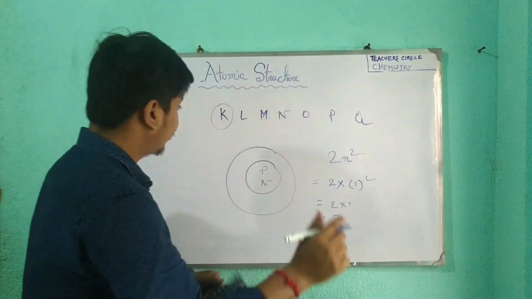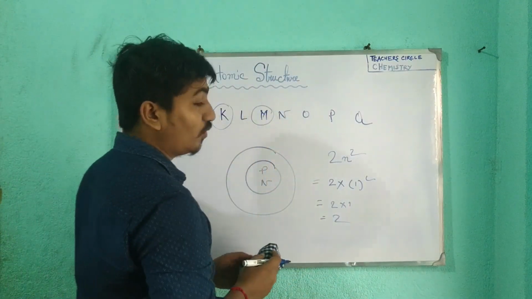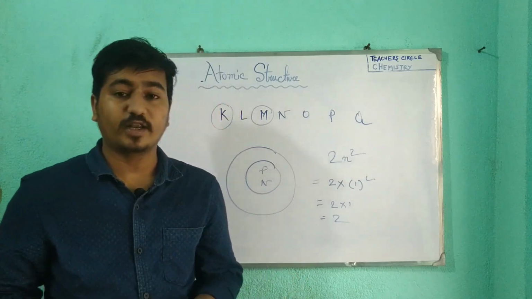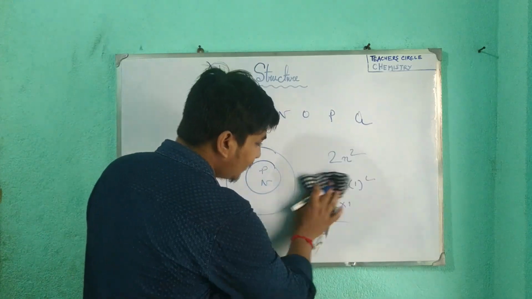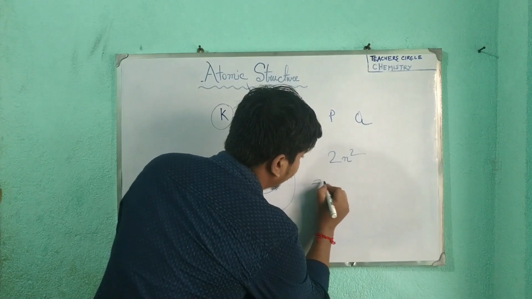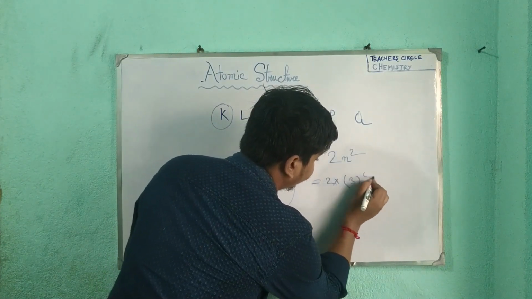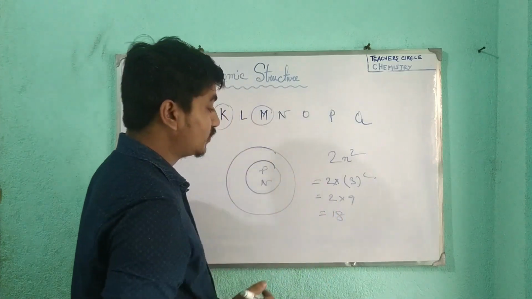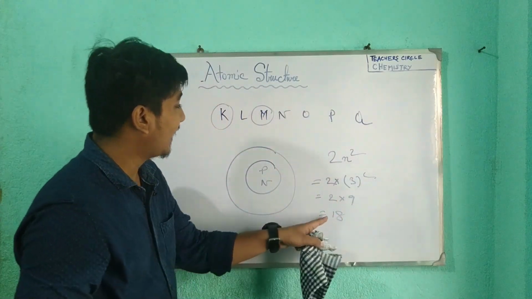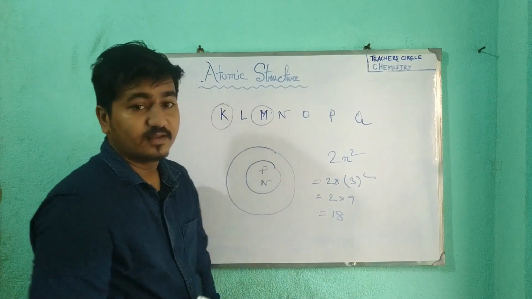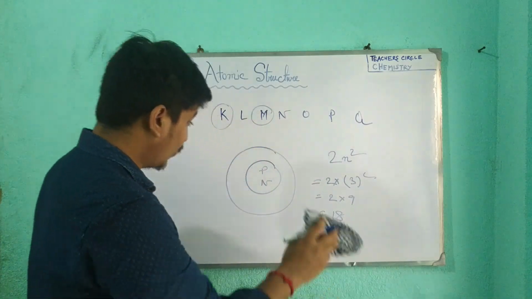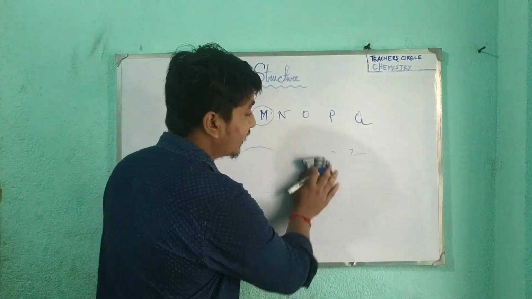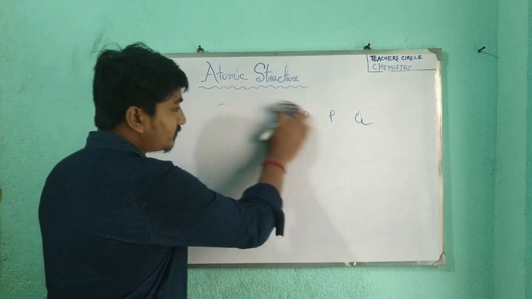Now for the third cell, that is the M cell, how many maximum electrons can stay there? Putting 2 into 3 square, so 2 into 9, that is equal to 18. So the maximum number of electrons that can stay in the M cell is 18. We have to know this before calculating the electronic configuration of an element.